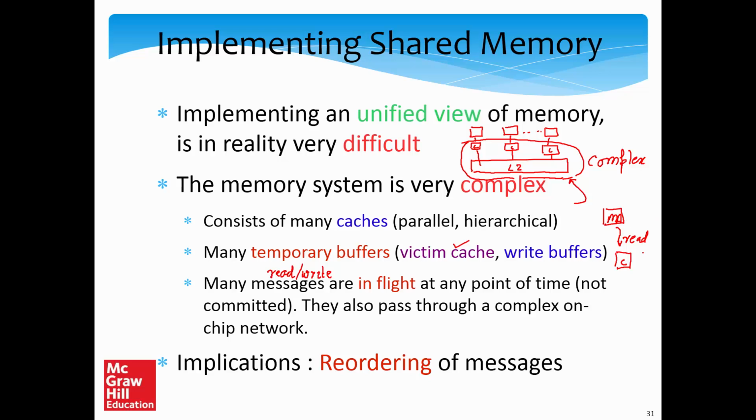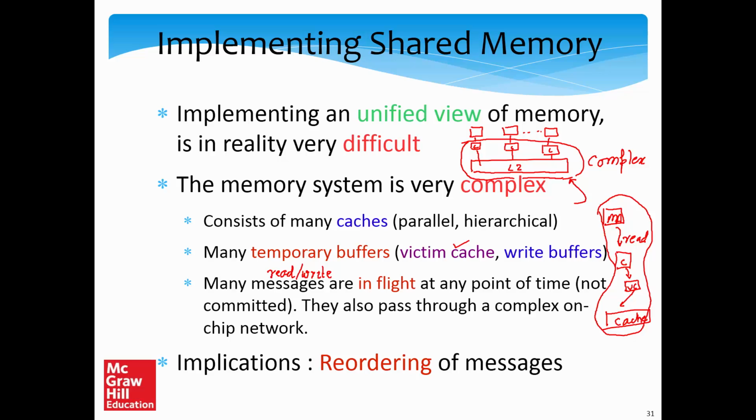Then the cache might send it to a victim cache. The victim cache might send the request to one more cache. And if you consider write buffers and other things, the entire sequence has many messages. So as a result, the entire situation is pretty messed up, pretty complicated. Also, if messages are sent, messages can be reordered.